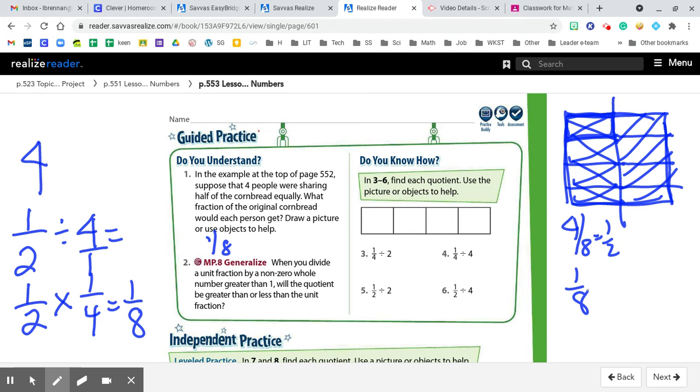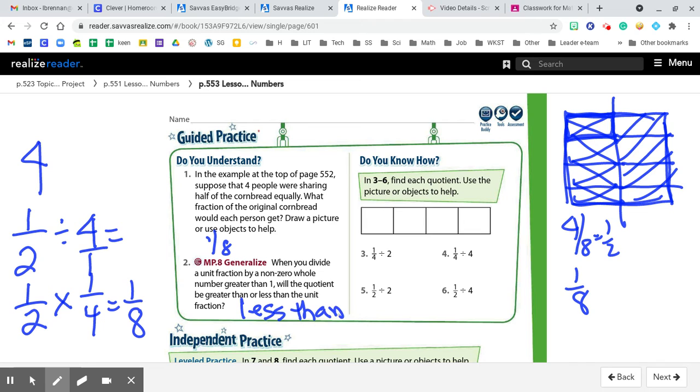When you divide a unit fraction by a non-zero whole number greater than 1, will the quotient be greater than or less than the unit fraction? So when you start with something smaller than a whole, and you're dividing it by something larger than a whole, you're going to wind up with much smaller, less than.